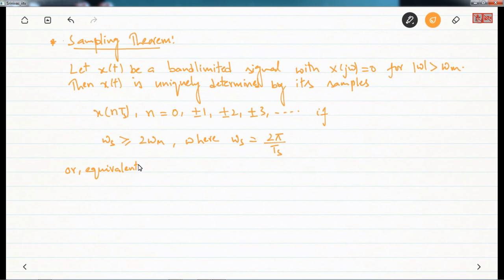Or equivalently, if your Ts is greater than pi by omega.